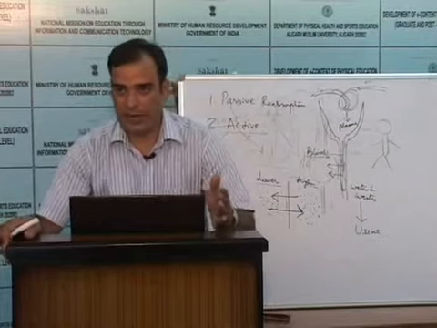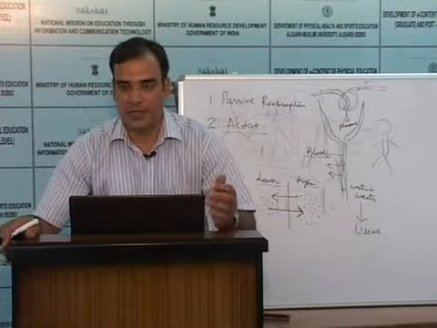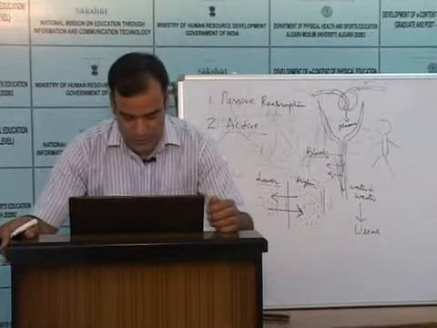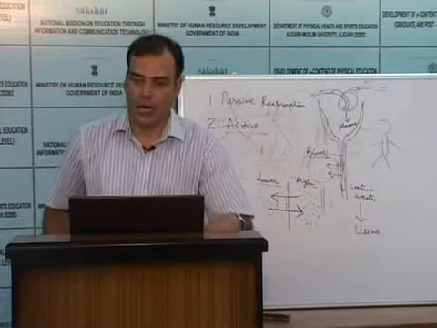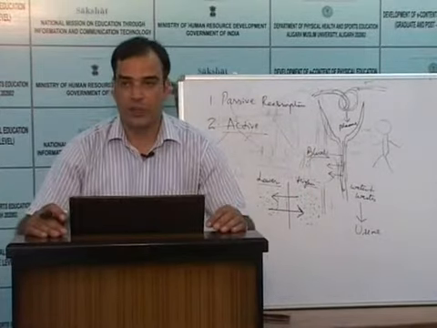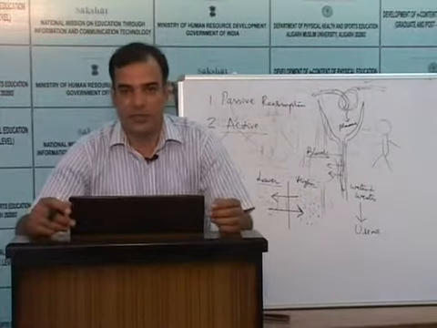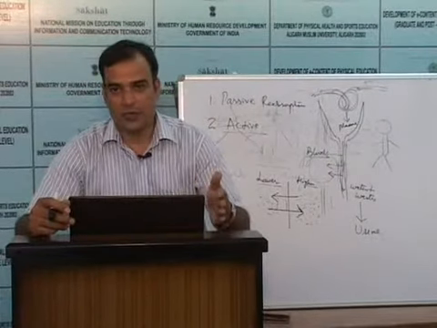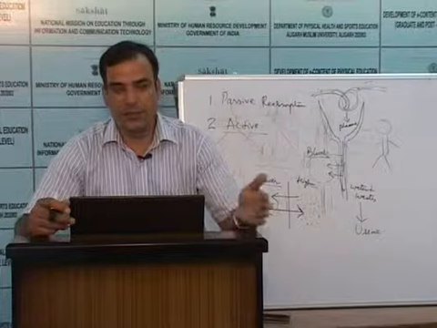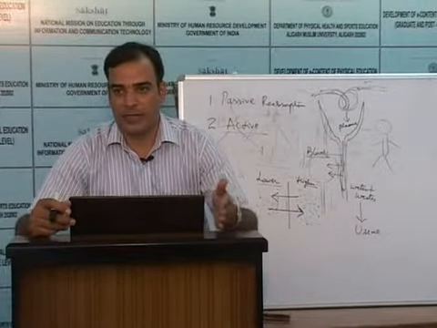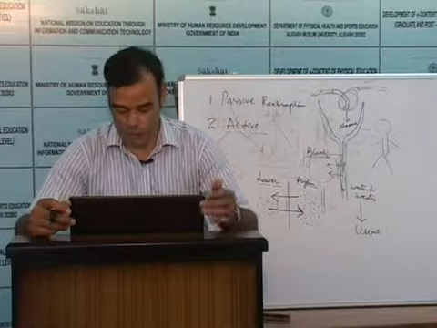In fact, 88% of the filtrate is reabsorbed in the proximal convoluted tubule. The substances reabsorbed are glucose, amino acids, sodium, potassium, calcium and water, mostly in the first portion of the tubular portion, that is the proximal convoluted tubule.